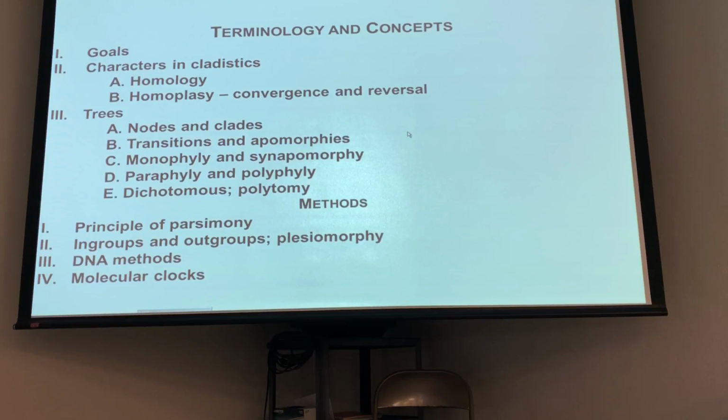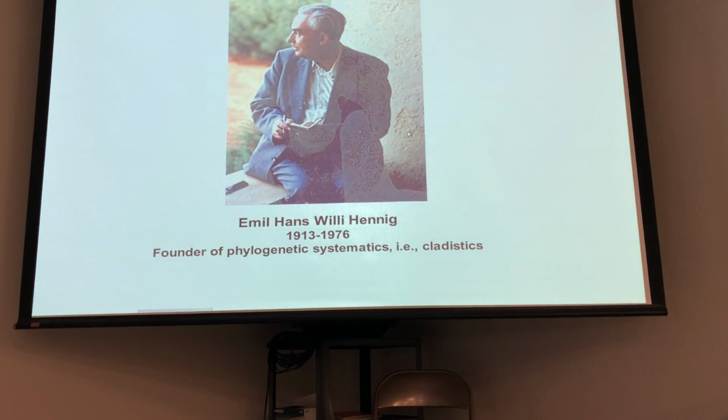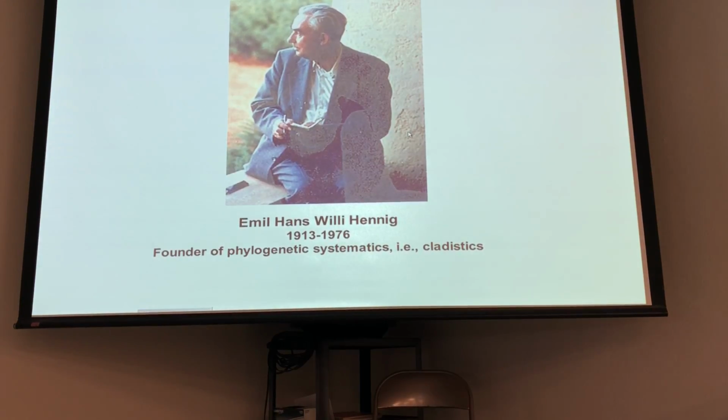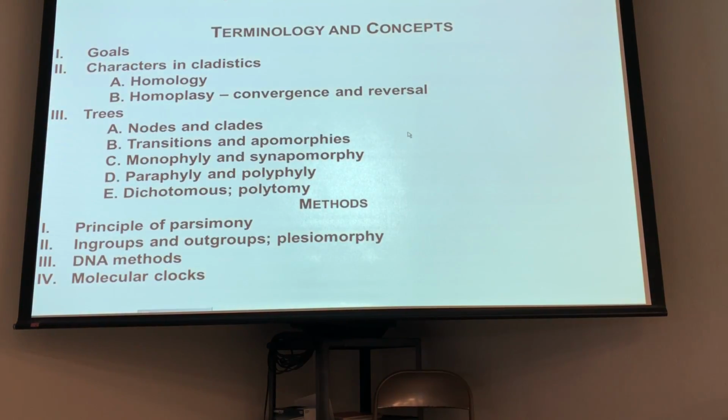The science of cladistics was essentially founded in its modern form by Emil Hans Willi Hennig, and you can blame him for all of the types of terminology we use. He is considered the founder of cladistics, or phylogenetic systematics, which is the dominant method used. And as part of that, he created the terminology used, which can be confusing, simply because there are a lot of rather unfamiliar words, as we will see.